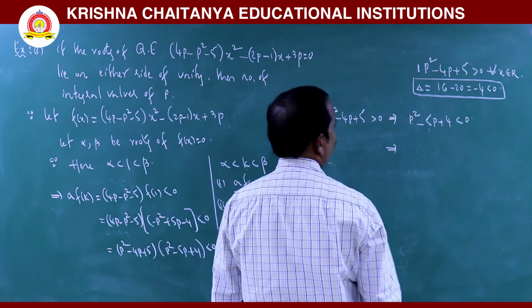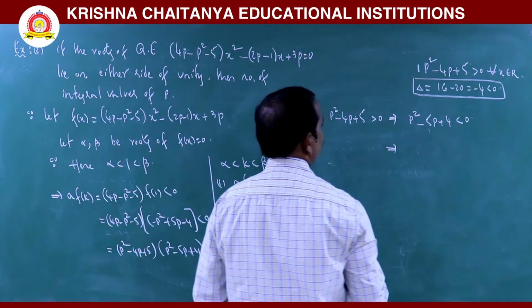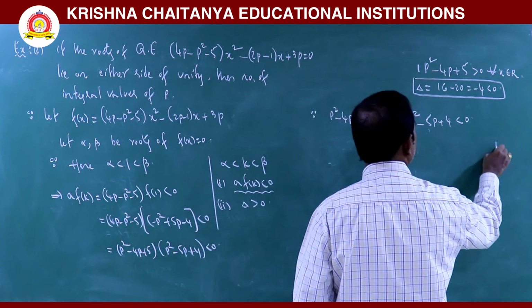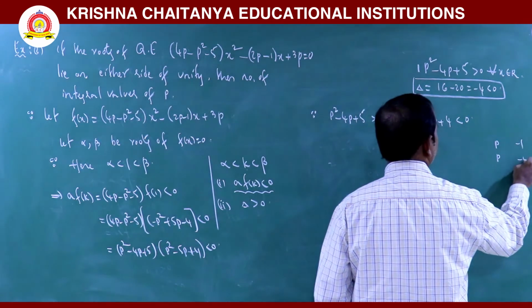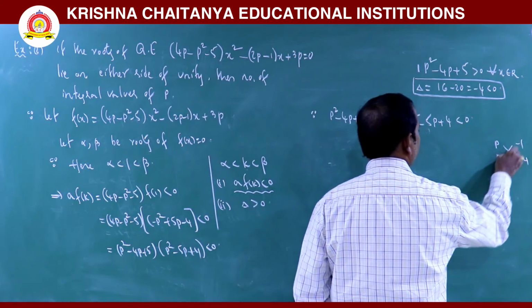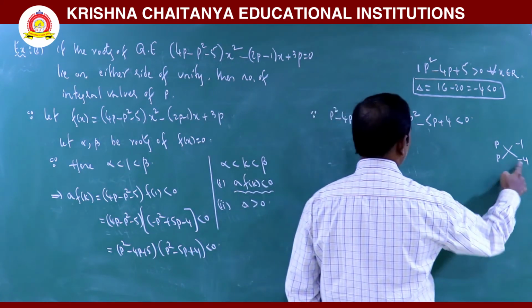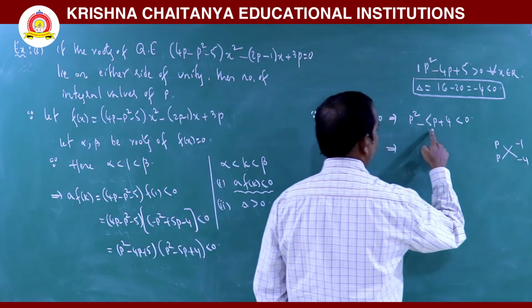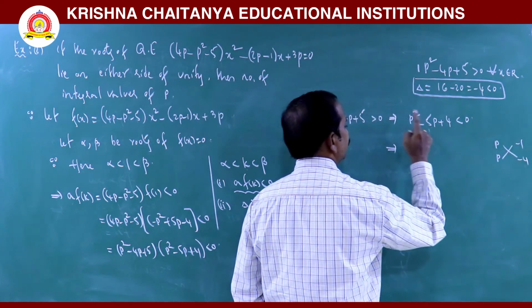Now, p square minus 5p plus 4 less than 0, what are the factors? P square can be written as p into p, and 4 can be written as minus 1 into minus 4. Cross multiply and sum: minus 4p minus p is minus 5p, which gives the middle term.